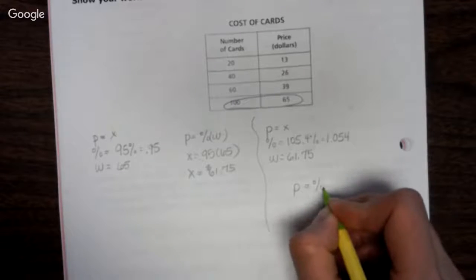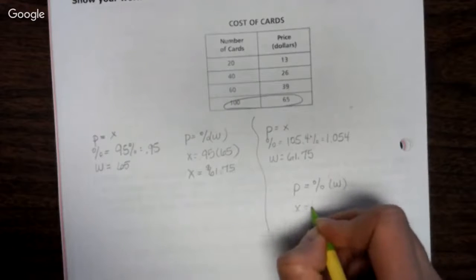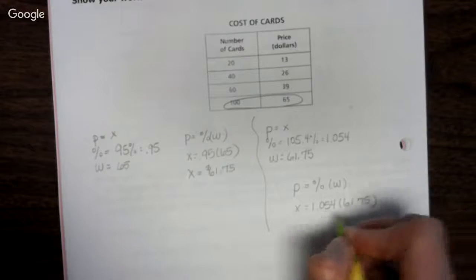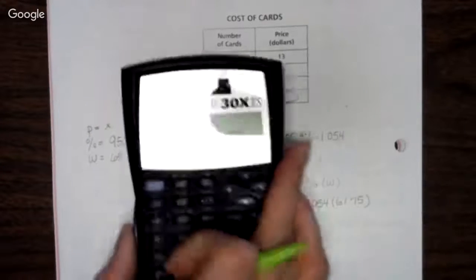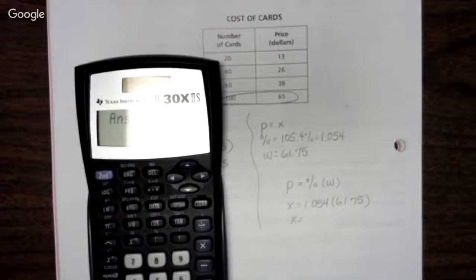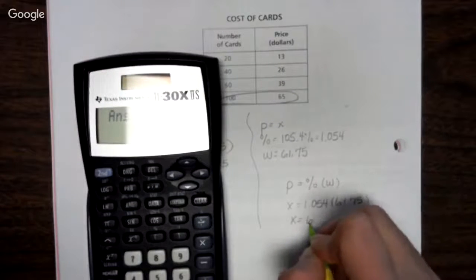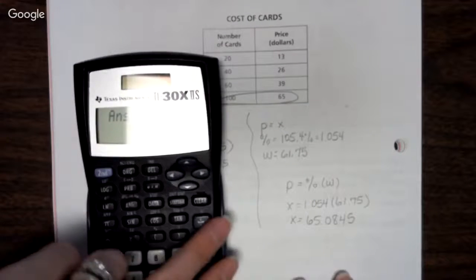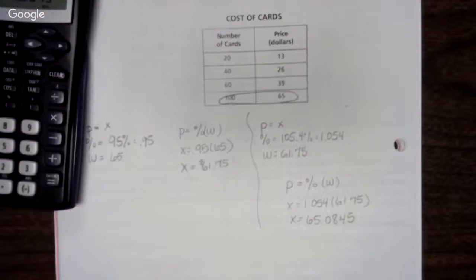So I'm going to do part equals percent times whole. So 1.054 times 61.75. Let me get that calculator. I'm just going to multiply, and I get 65.0845. Now it's money, and this is the end of the problem, so we can round that.